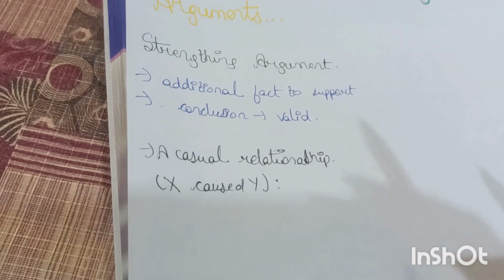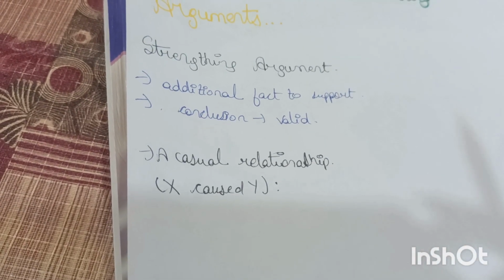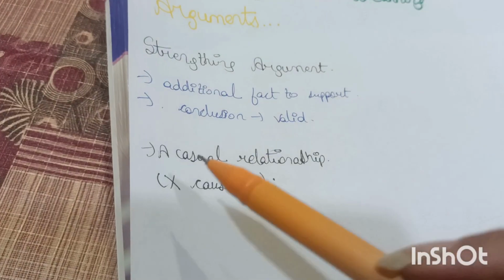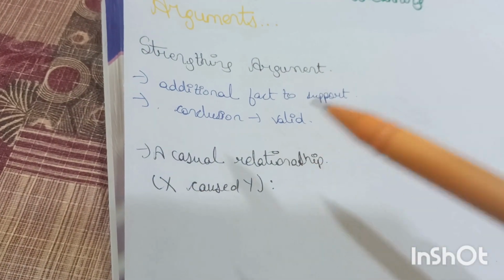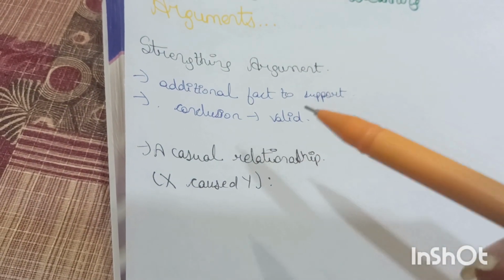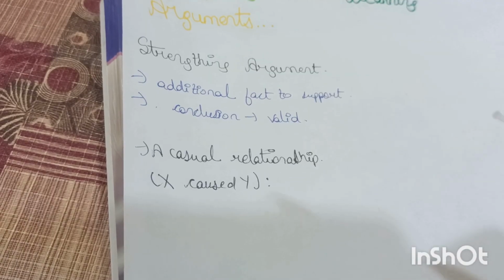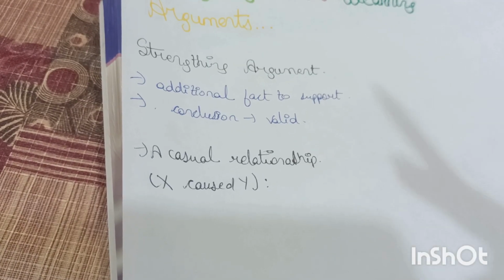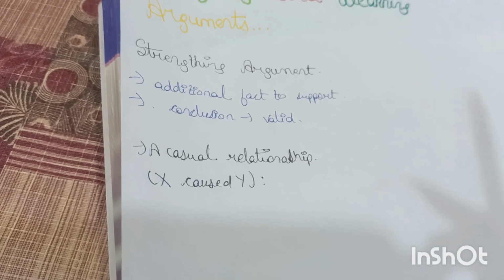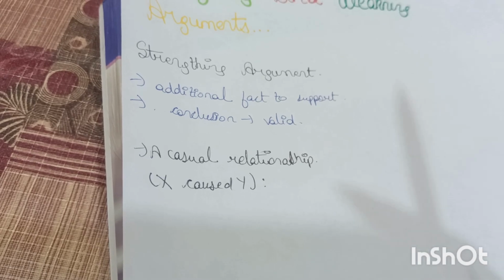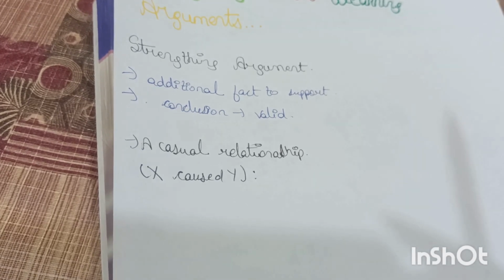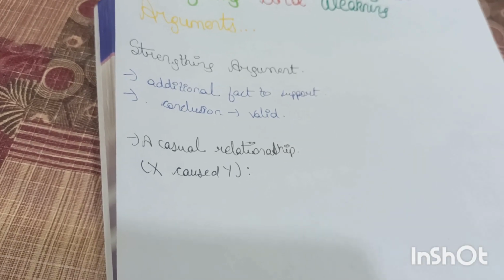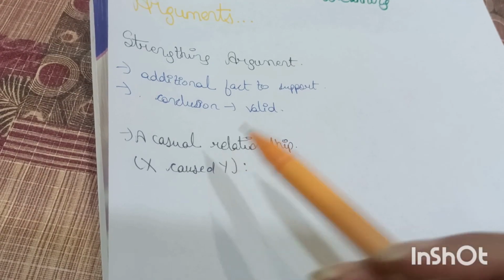If in Y there is some additional fact and that is valid according to the conclusion, that statement will be correct. And if all other statements given in the question do not affect or are not related to the conclusion, then all other statements are incorrect and this Y statement is correct.